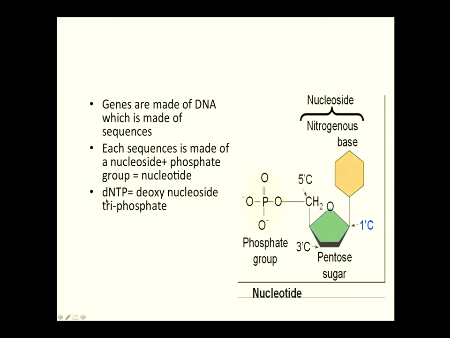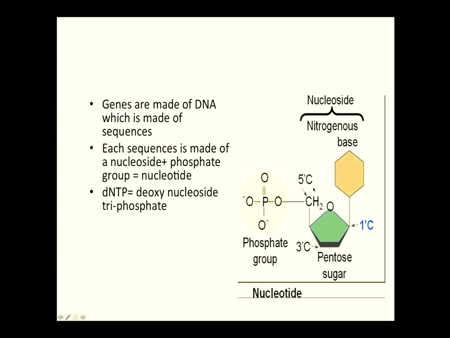The d stands for deoxy, which means it is missing an OH on carbon 2. In this whole structure, the main components we'll focus on are the 5' carbon and the 3' carbon.